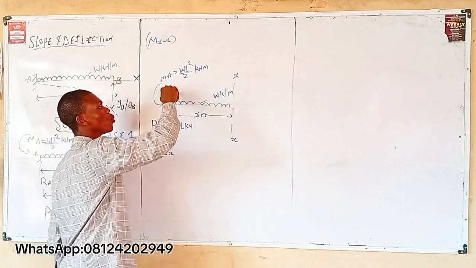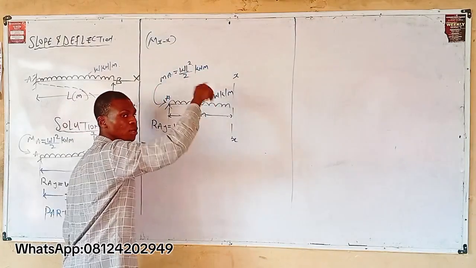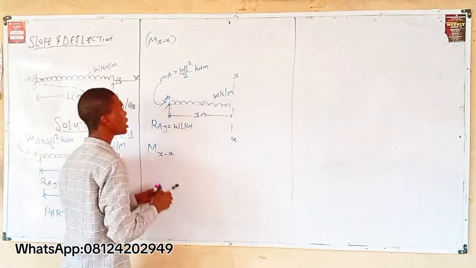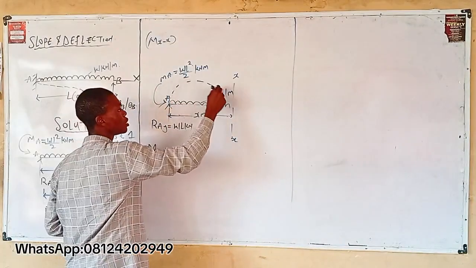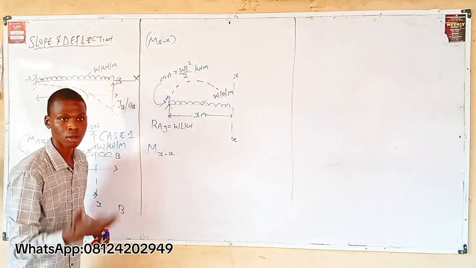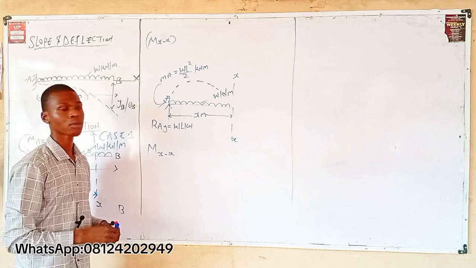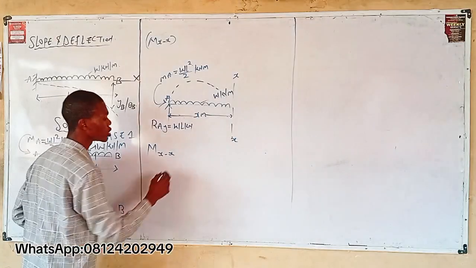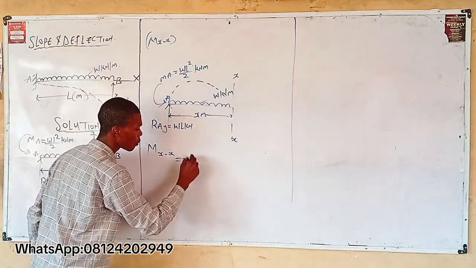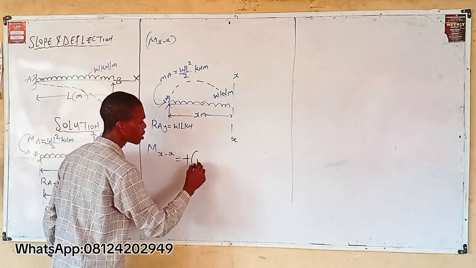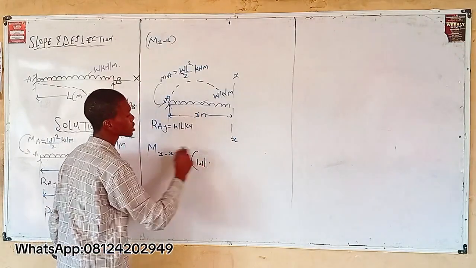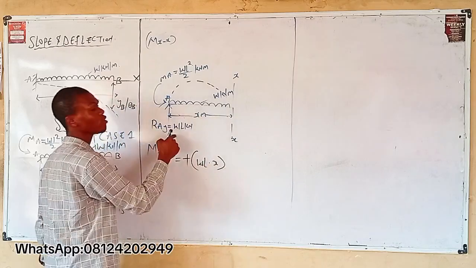Yes, because it is going 1, 2, 3, 4 continuously. So it is going clockwise. Because it is going clockwise, it takes positive. Positive all into bracket WL times X. This is for RAY.